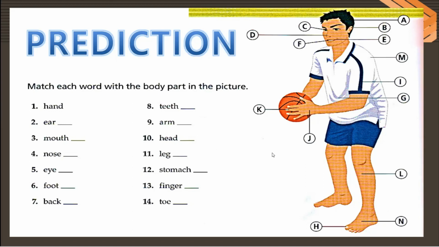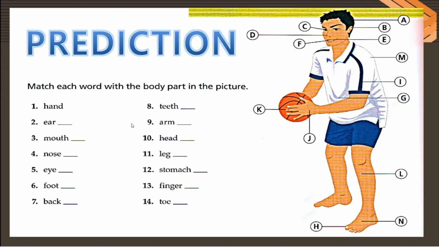Okay, now please try to look at the picture, pay attention to the picture, and then now you have to look at the words there. Okay, number 1 from hand up to number 14 for 2. Okay, and now we come to this one, head.